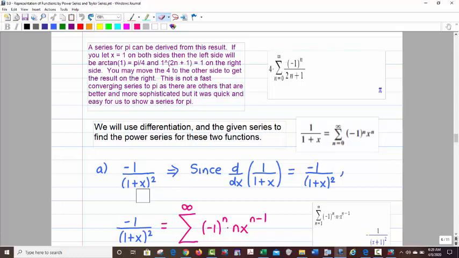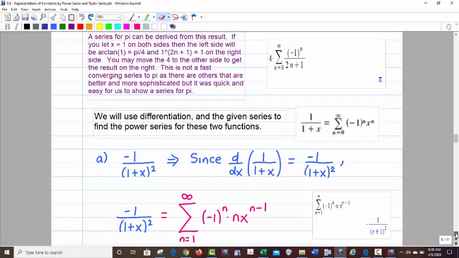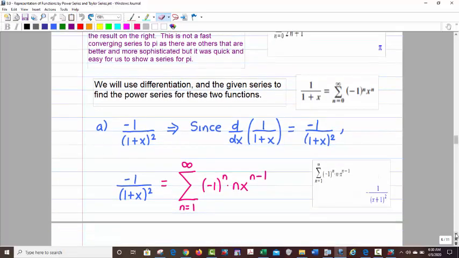So let's say we want to represent this function, negative 1 over 1 plus x squared. That happens to be the derivative of 1 over 1 plus x. You can check that pretty easily. So we would take the derivative of this function we have right here for 1 over 1 plus x.